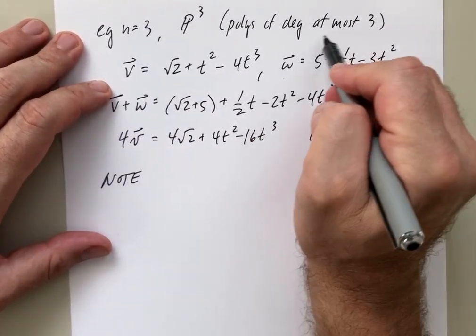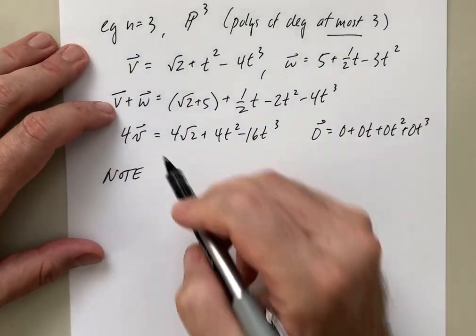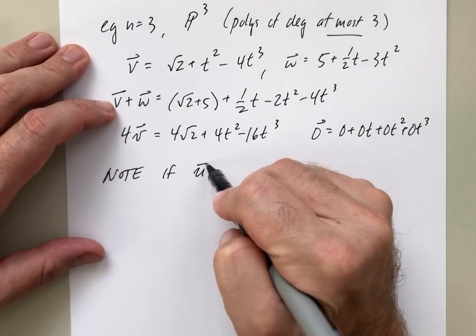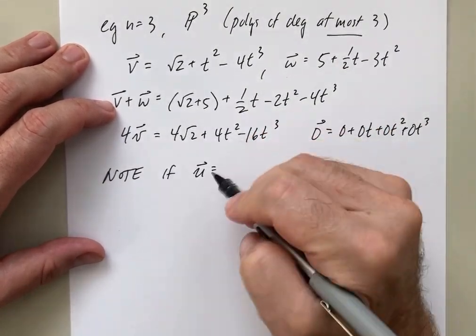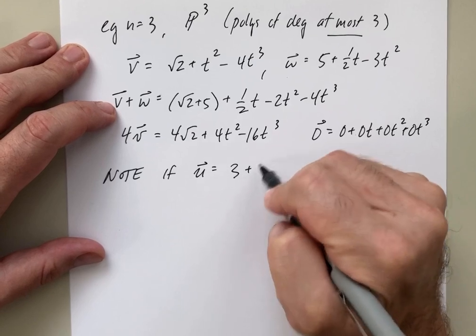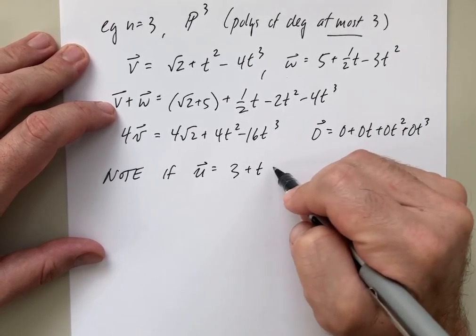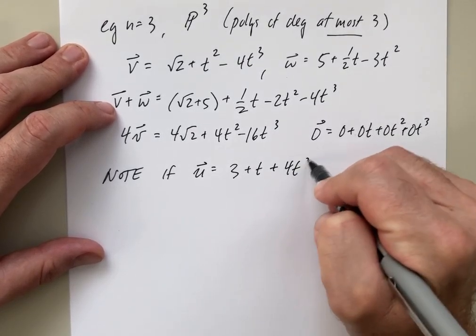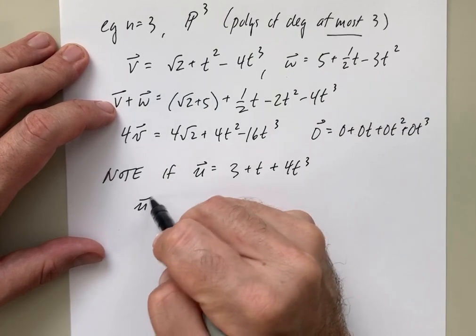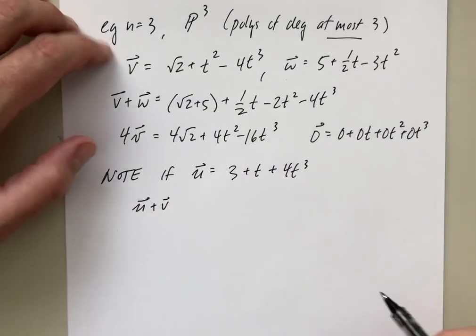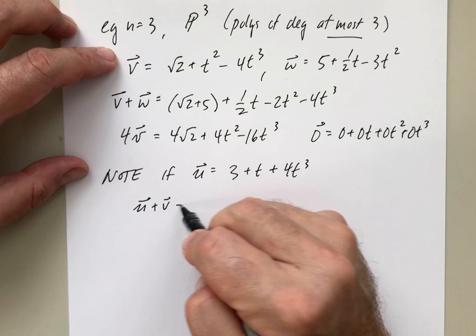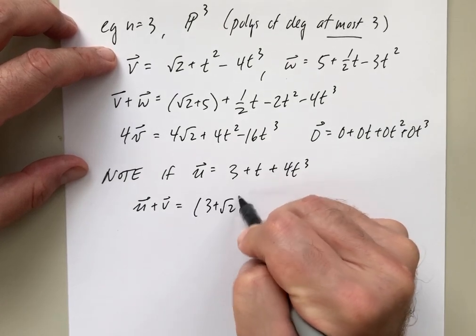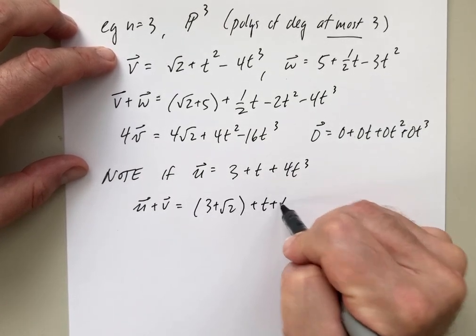Now, let me just note something. Why do we have polynomials of degree at most 3? So notice if I took u to be, let's say, 3 plus t plus 4t cubed, then what do I get when I take u plus v? Taking that same v here, I add these two now. Well, the constant term is 3 plus root 2. Then I get a t plus a t squared.